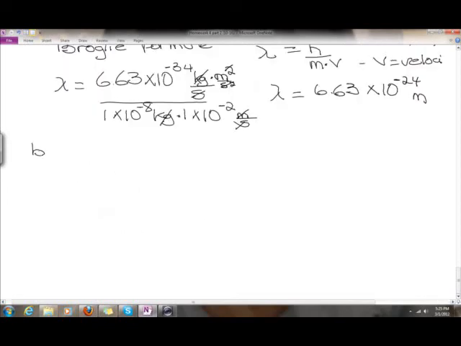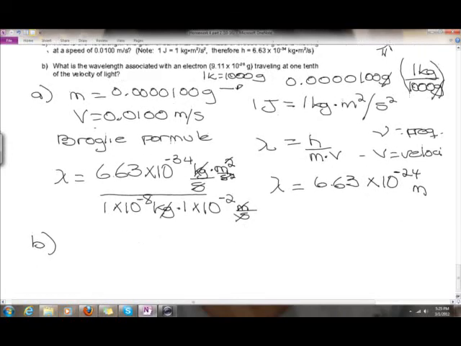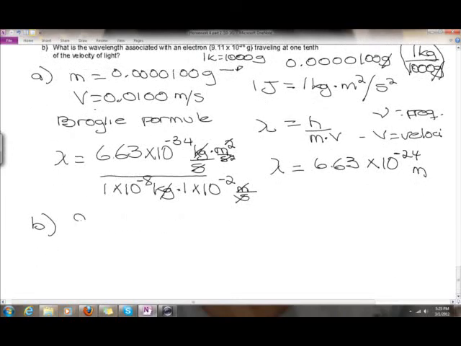Now let's go ahead and look at letter B. Letter B says, what is the wavelength associated with an electron traveling at 1/10 of the velocity of light? It gives you the mass of an electron that we know already is 9.11 by 10 to the minus 28 grams.